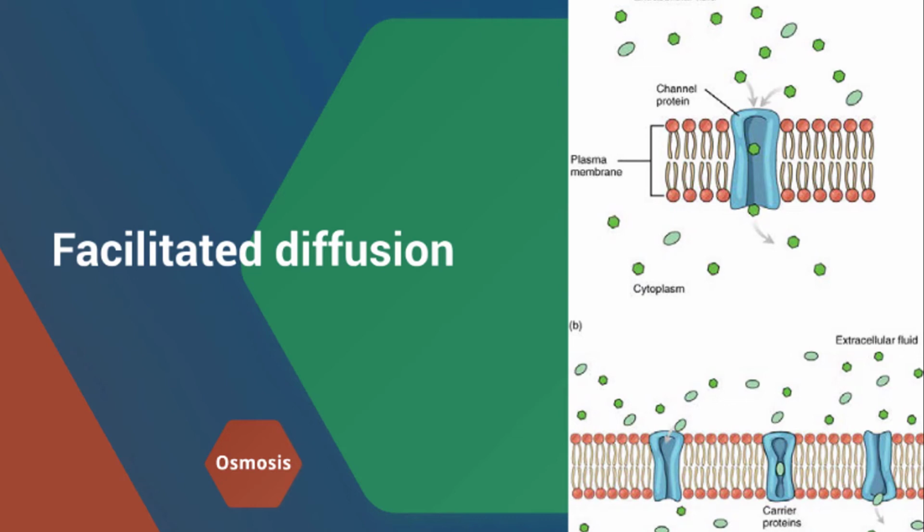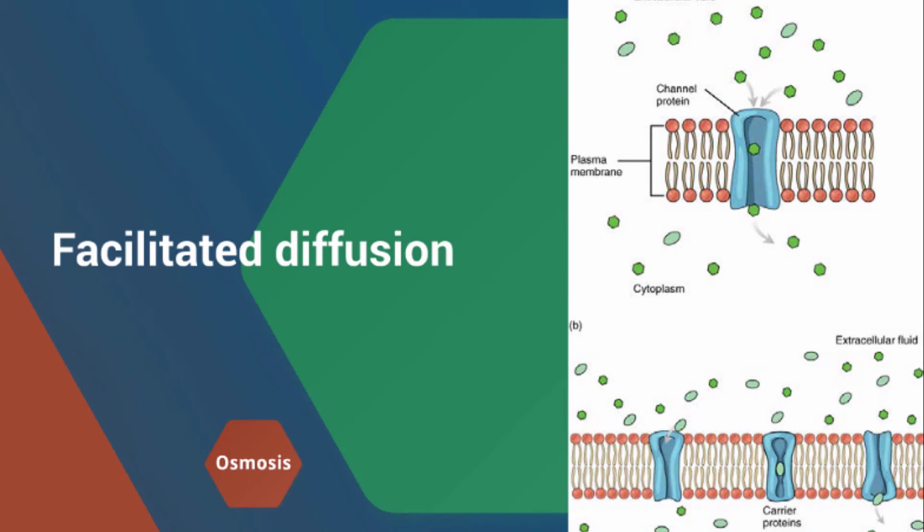A common example of facilitated diffusion is the movement of glucose into the cell, where it's used to make ATP. Although glucose can be more concentrated outside of a cell, it cannot cross the lipid bilayer via simple diffusion because it's both large and polar.